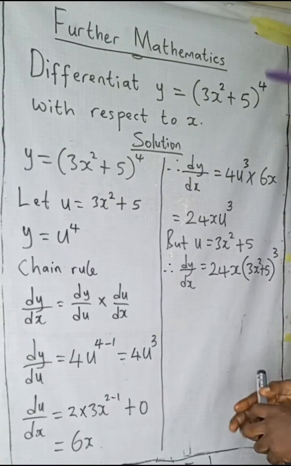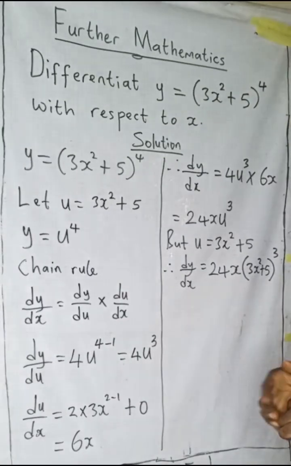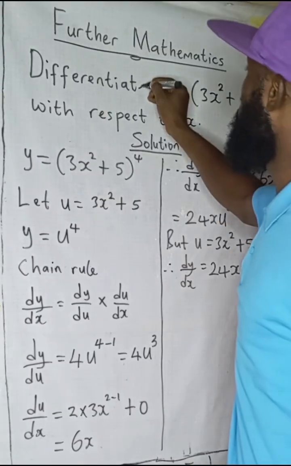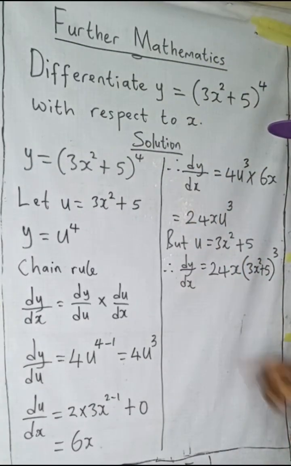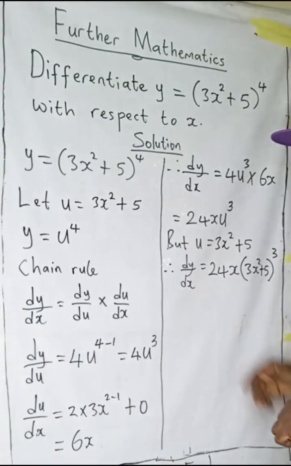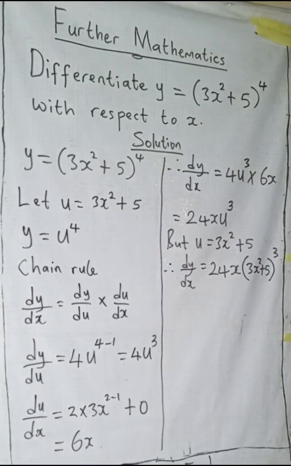And this is the value of dy/dx. We have differentiated the given function to have 24x times (3x squared plus 5) to the power of 3. Thank you.